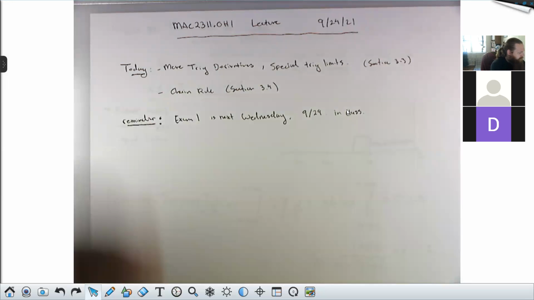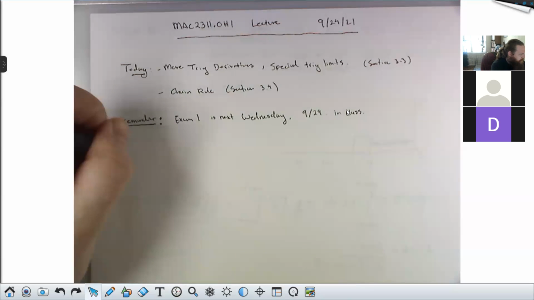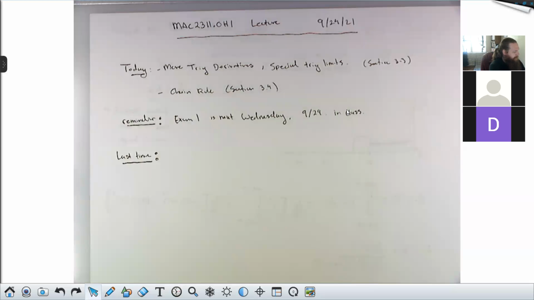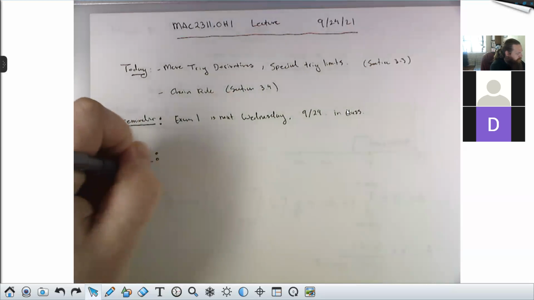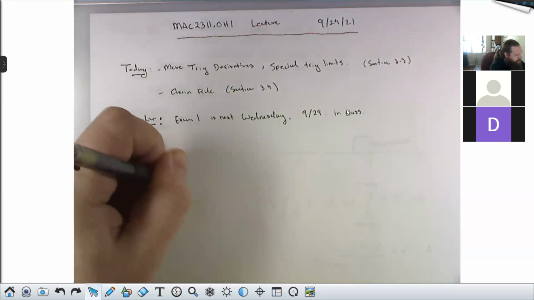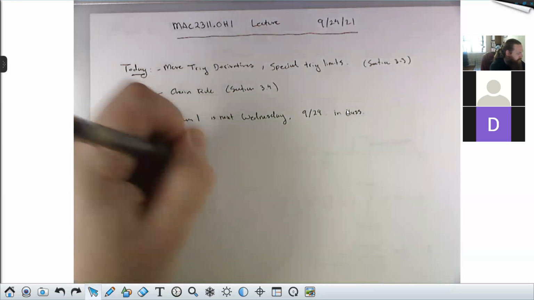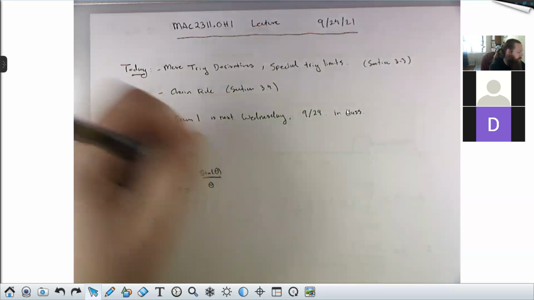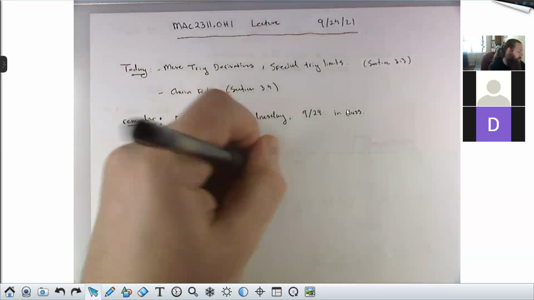Let's get into it, right? So last time, I'm just going to recap the stuff we cooked up last time. We saw that the limit as theta goes to 0 of sine theta over theta is equal to 1.